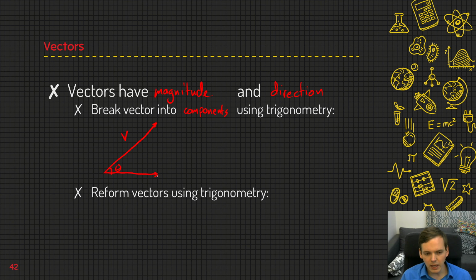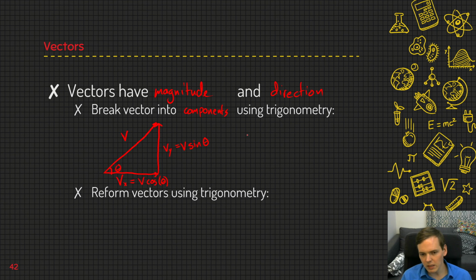Well, we know that the x and y component, we can make a right triangle like this. So my v subscript x, meaning my velocity in the x direction, will be v times the cosine of theta. And my y will be v times the sine of theta.